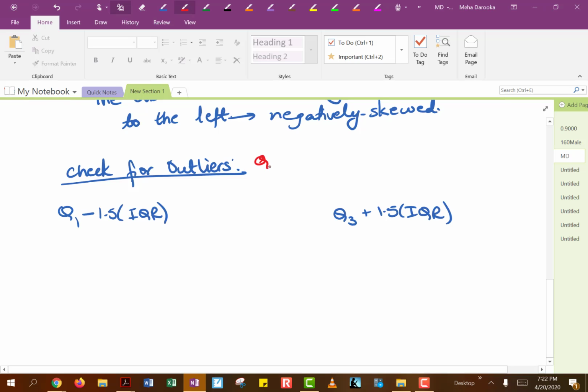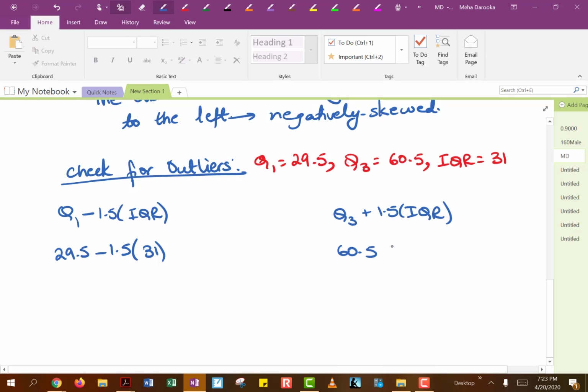Our Q1, quartile 1 value comes out to be 29.5. Quartile 3 will come out to be 60.5, and when you subtract these two values you get the interquartile range, which will come out to be 31. So when we plug these values in, we get 29.5 minus 1.5 times 31, and on this side you will have 60.5 plus 1.5 times 31.